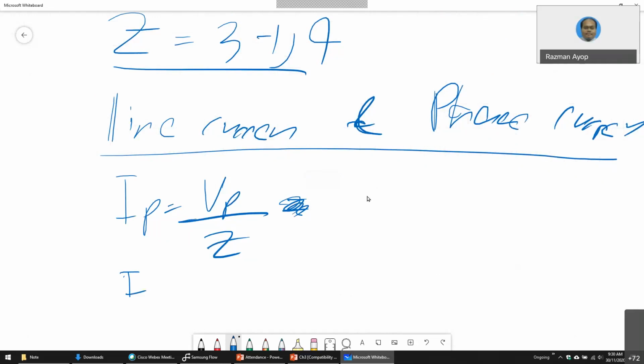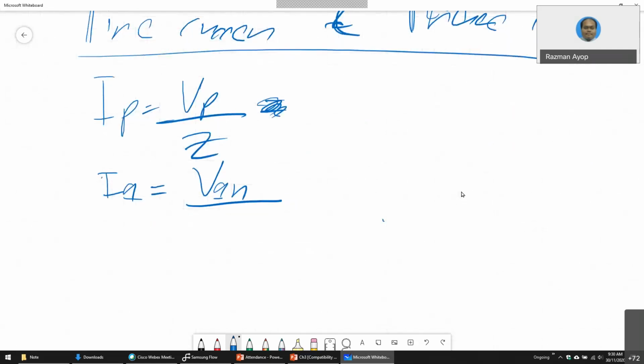Because line current and phase current are the same, just use IA equals VAN divided by Z. Z is 3 + j4. What is VAN? It is 240 angle negative 30, if not mistaken.